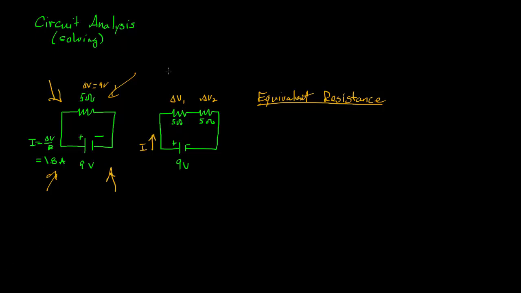For this one, since these are lined up, one right after another, this is called in series. So these resistors are in series. They're one right after another. And then we'll do parallel.